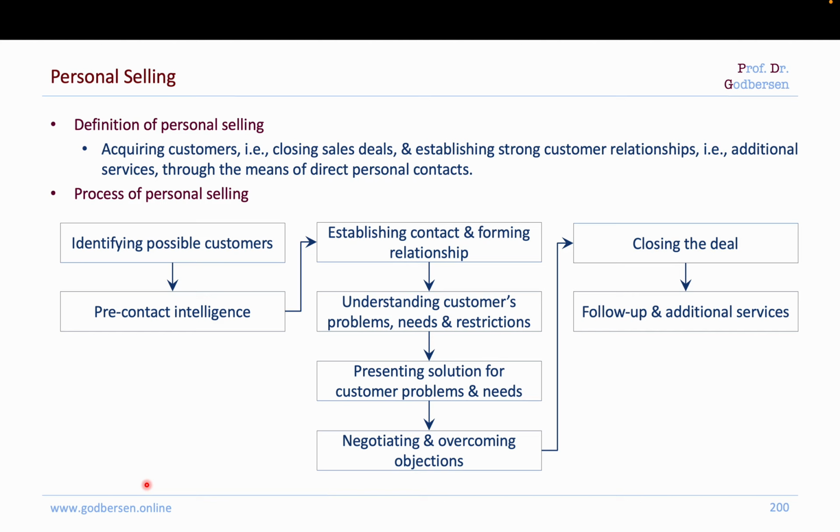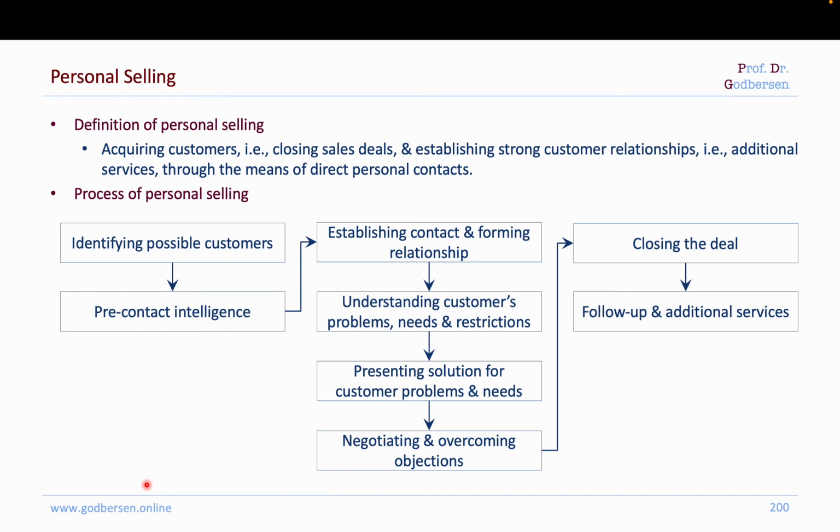So it is on the one hand closing deals, but do not understand your sales force as just making a deal and then they're out. It's a good idea that they are, even after the deal is done, in contact with your target group and establish a strong relationship so that there are more purchases again.